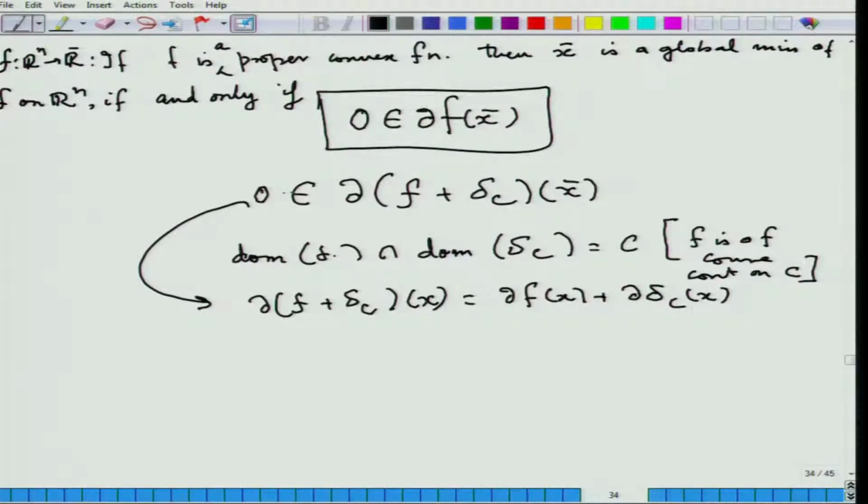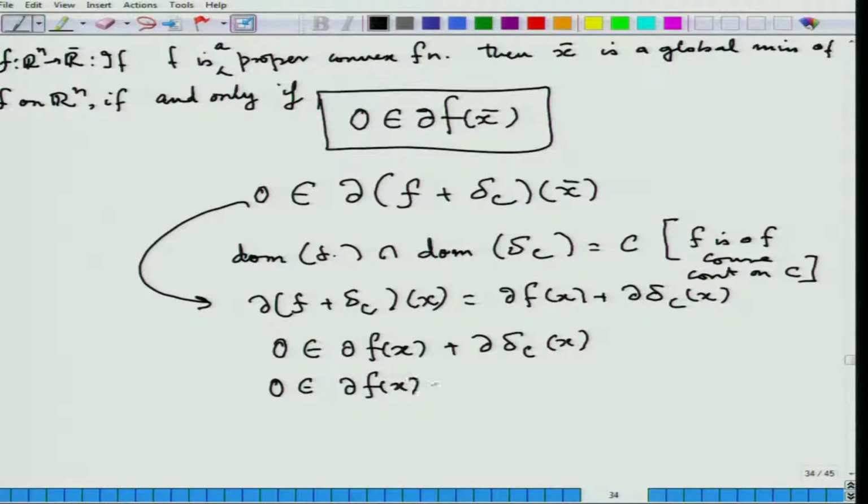So, what we will conclude is that 0 belongs to del f of x bar plus the normal cone to C at x bar.